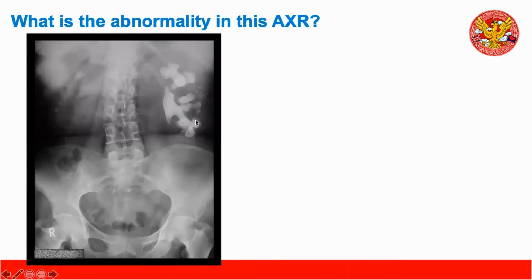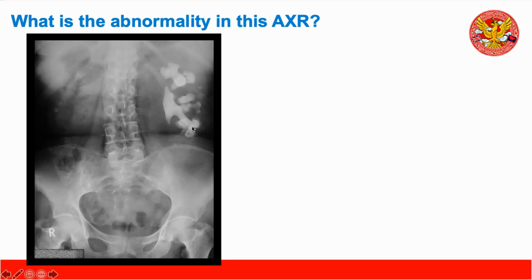Does anyone know the abnormality in this, or just guess which letter A, B, D, O, X is abnormal? Yeah, thank you. So you can't really see the bowel very well in this, but you can see calcifications around the area you would expect to see the kidneys.